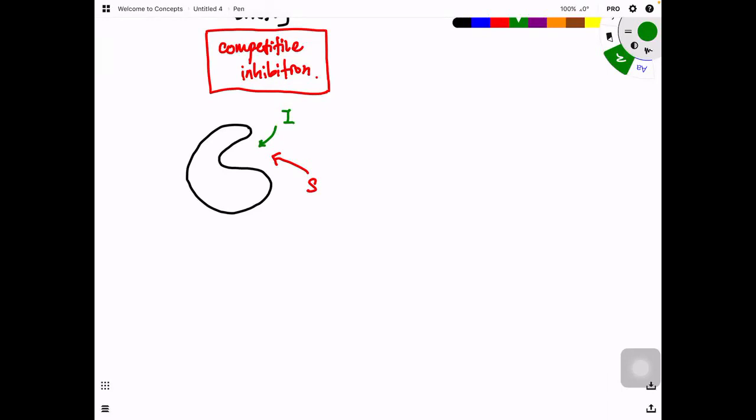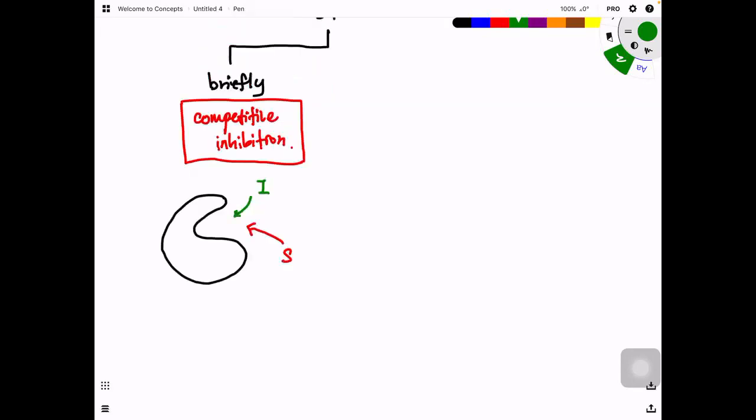It's something like competing for a chair, the musical chair. You and your friend compete for it. Clear or not? Once the inhibitor comes out, the substrate can immediately enter the active site. That is a form of competition between the inhibitor and the substrate.